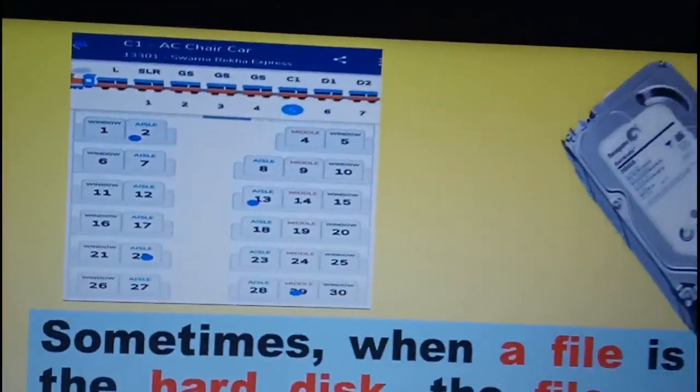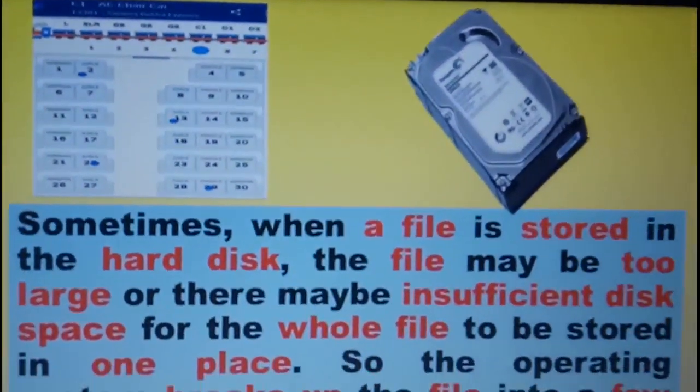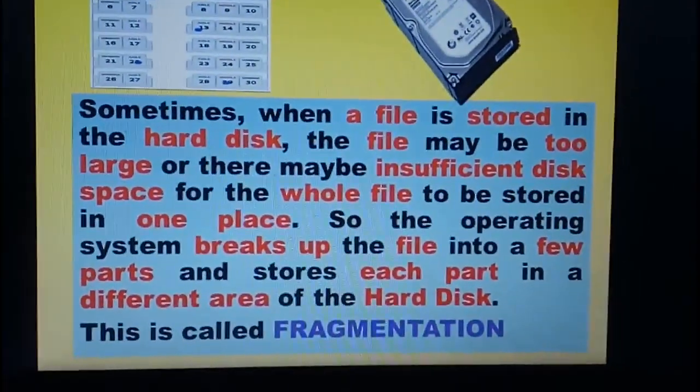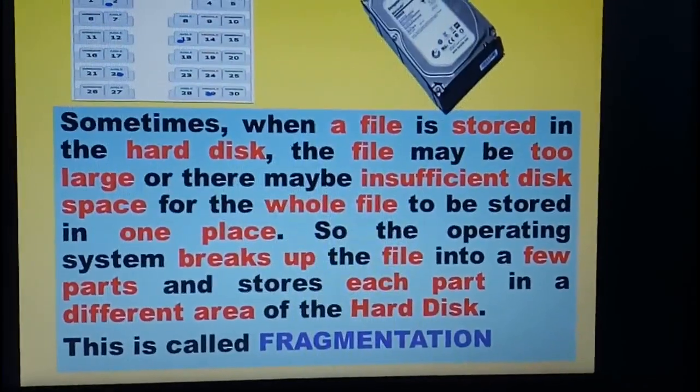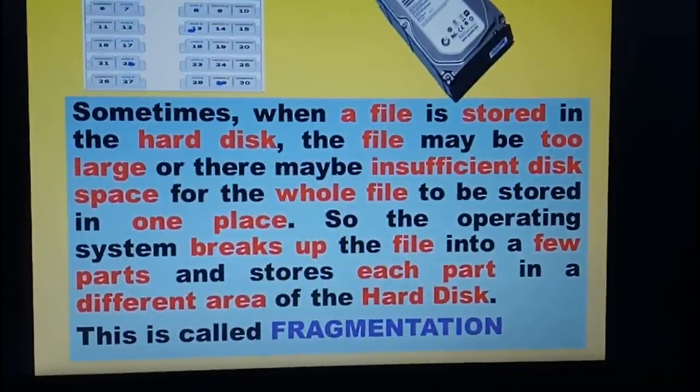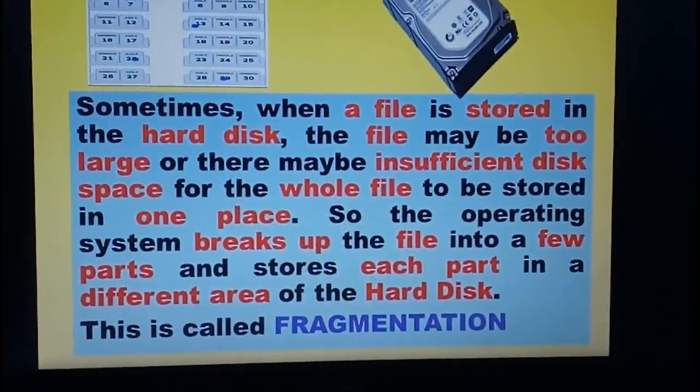Now the same thing happens with the hard disk. Sometimes when a file is stored in the hard disk, the file may be too large or there may be insufficient disk space for the whole file to be stored in one place.